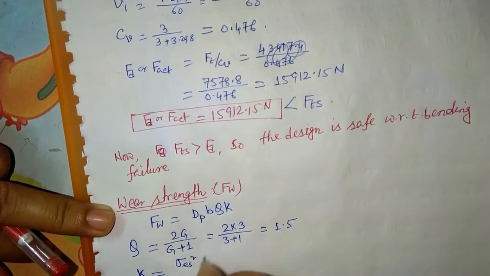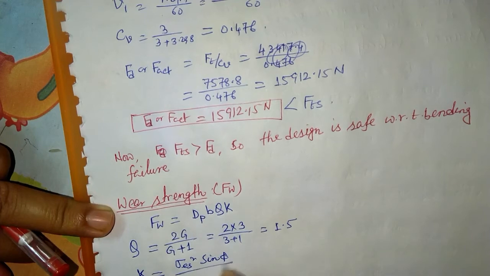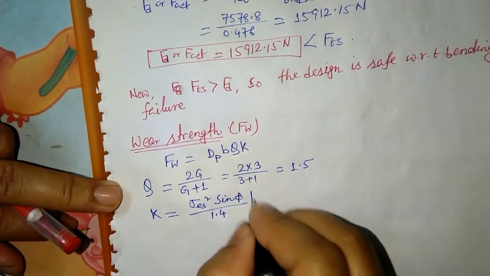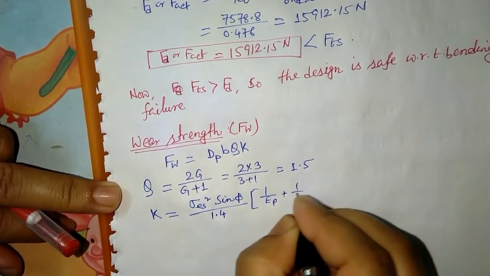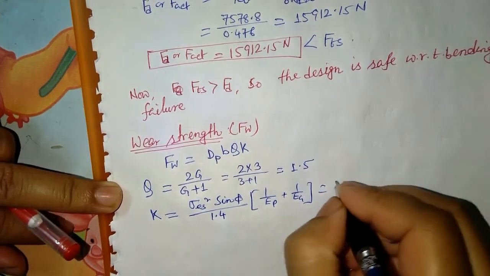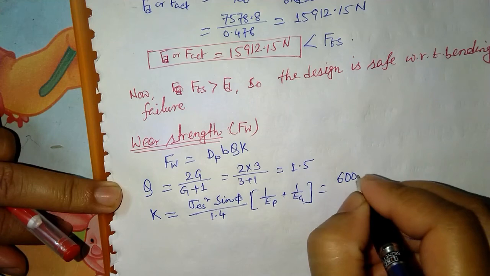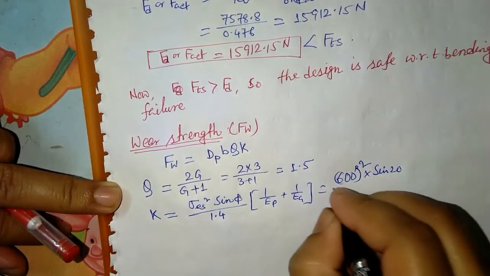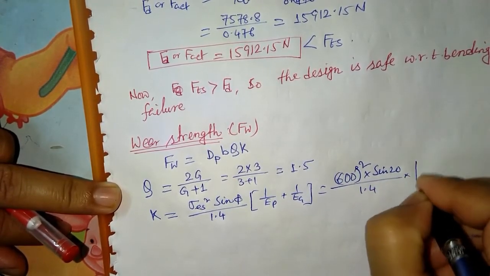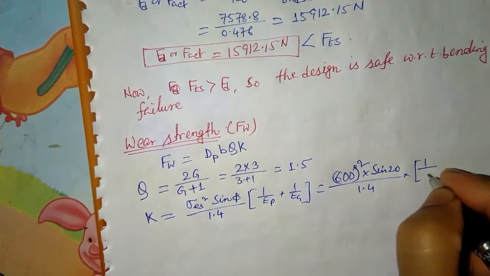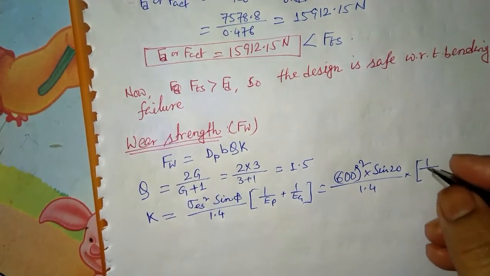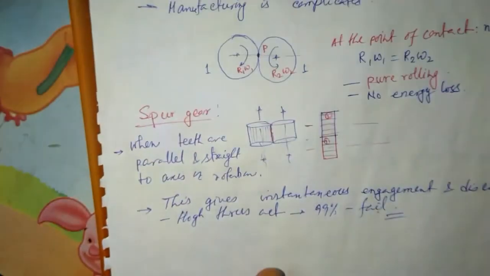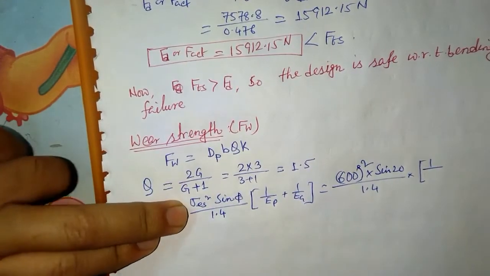This is sigma ES square sin phi by 1.4 into 1 by EP plus 1 by EG, and sigma E is given as 600 square into sin 20 by 1.4 into 1 by EP plus 1 by EG. If you check the EP and EG values, they are 250 and 200.